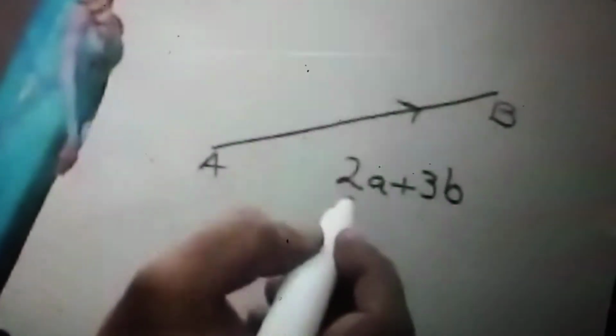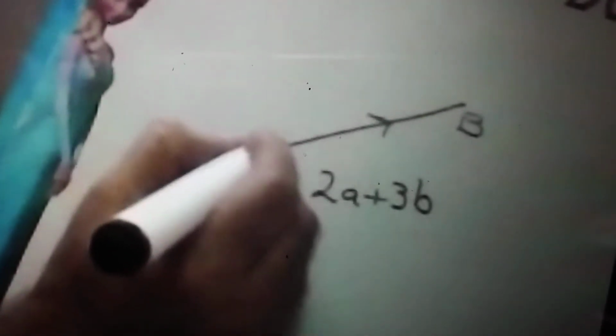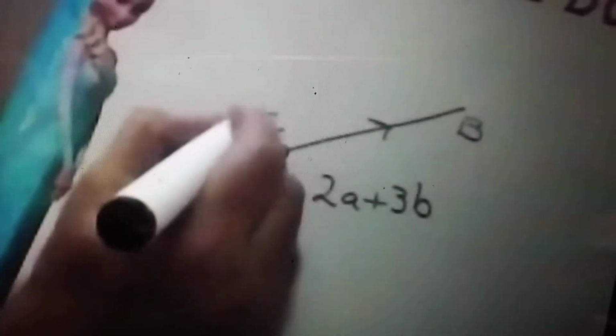If this entire vector AB is given to you as 2A plus 3B, for example, and there is another point over here, let's say point C, and a ratio is given.